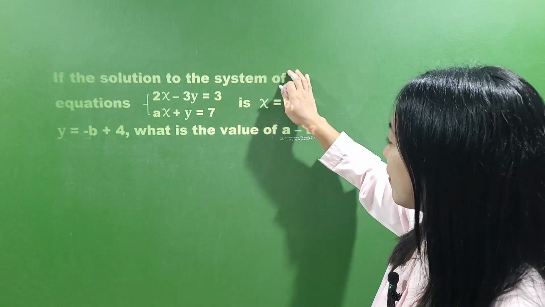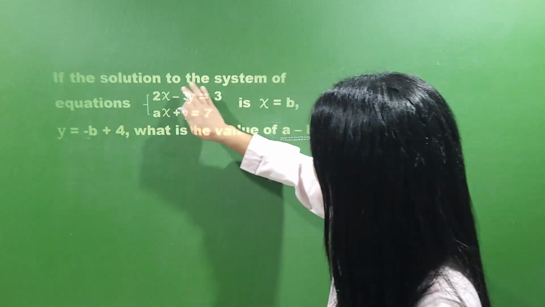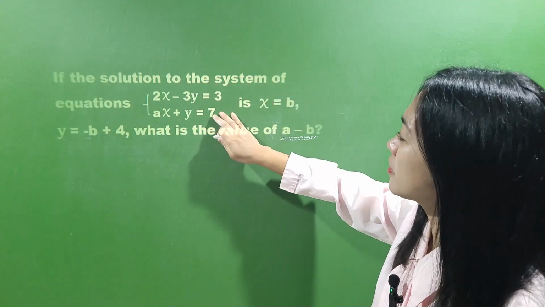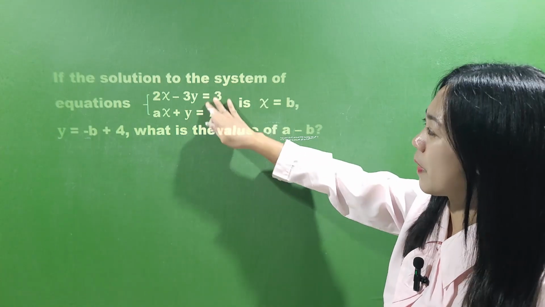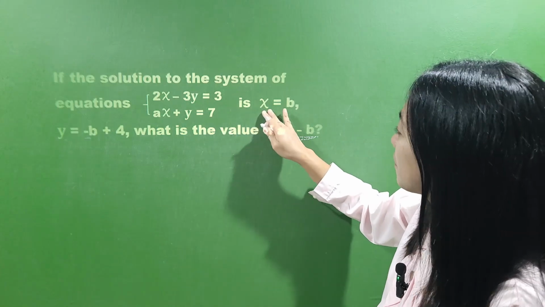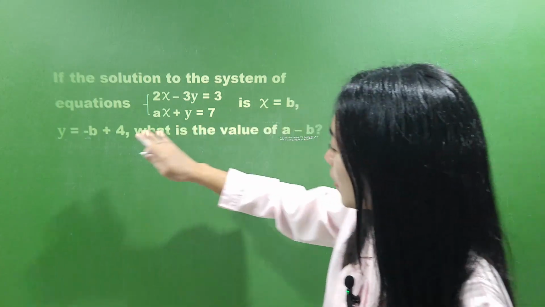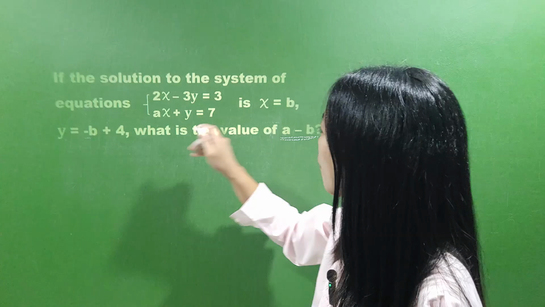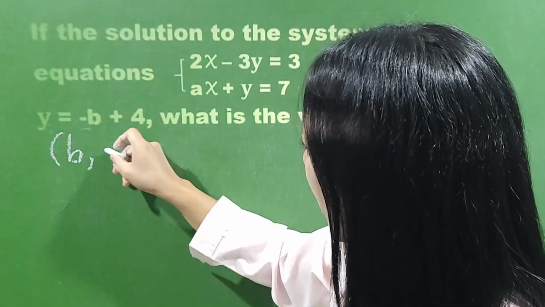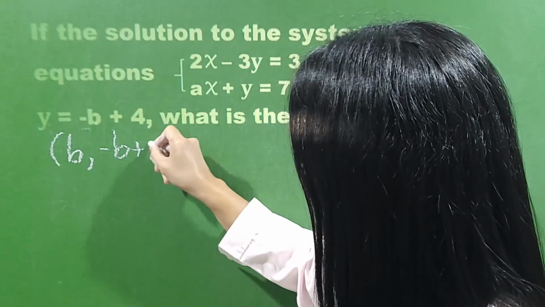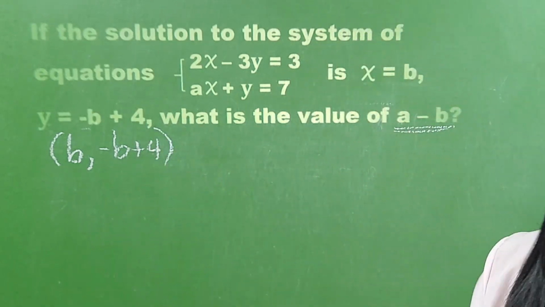So we have here this pair of equations, and according to this problem, the solution to this pair of equations is x is equal to b and y is equal to negative b plus 4. So it means x is b, y is negative b plus 4.